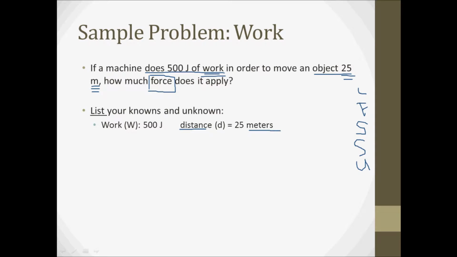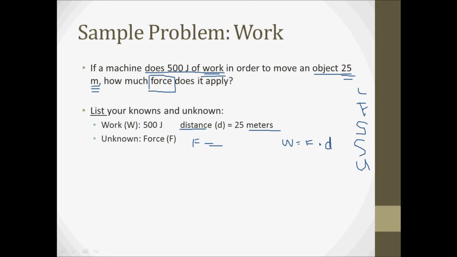And our unknown, which I boxed over there, what the question's actually asking for, is force. So we want an equation that's going to solve for F and have W and D in it. So we know that work equals force times distance.